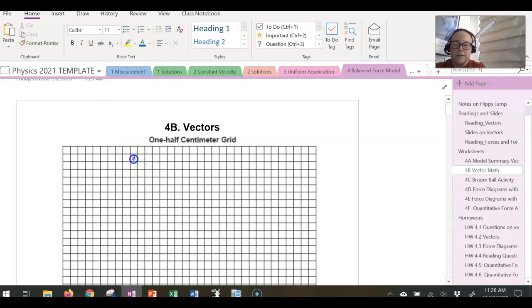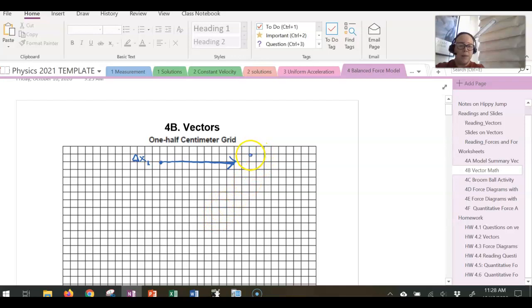I'm going to call that delta x1. So if I start it right here, since each square on this paper is 1/2 centimeter and I want this to be 5 centimeters long, I'm going to make it 10 squares long, and it's pointing to the right.